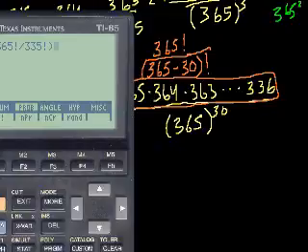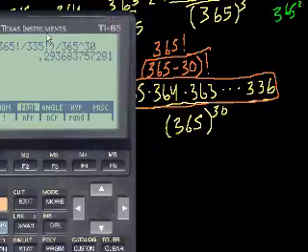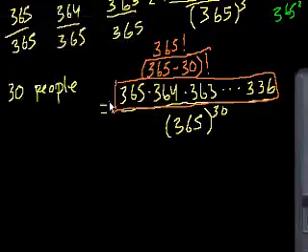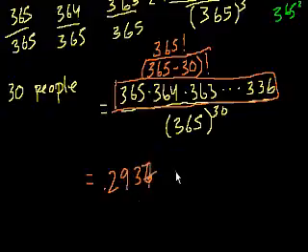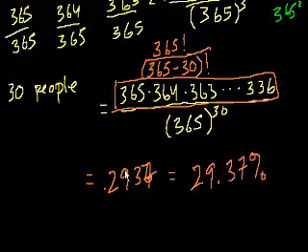Now we want to divide the numerator by 365 to the 30th power. Let the calculator think. And we get 0.2936, it keeps going, 37 if you round it, which is equal to 29.37%.